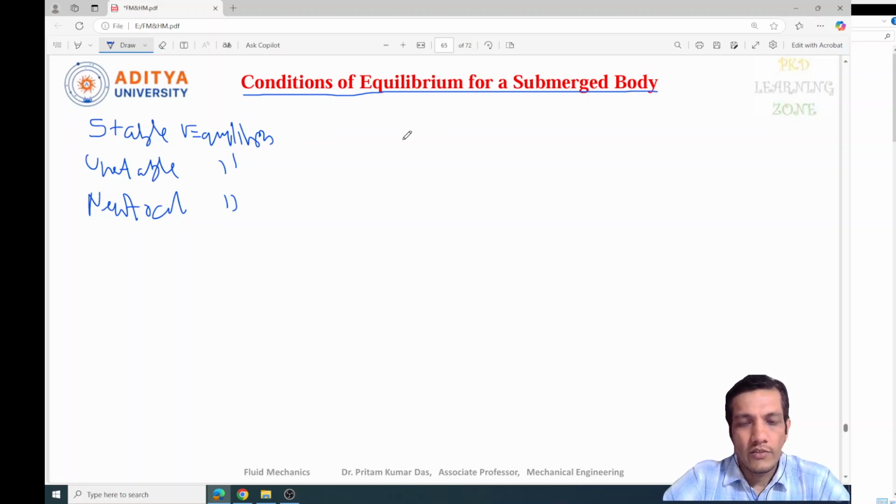For stable equilibrium, let me consider a small balloon here, which is filled with some heavier materials inside the balloon. The balloon structure will be like this. Let me draw it again.